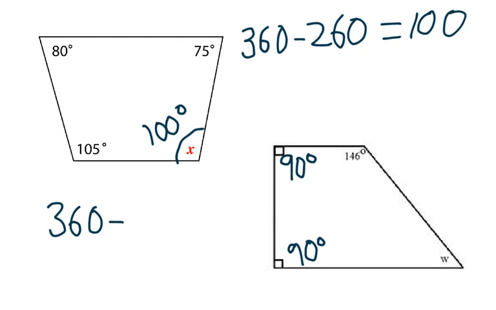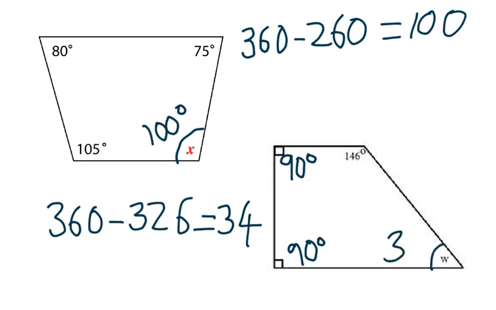So I need to do 360 take 326. Okay, so 360, the 300s will cancel each other out. 60 take 20 is 40. Take away 6 is 34. So this angle here should equal 34 degrees.